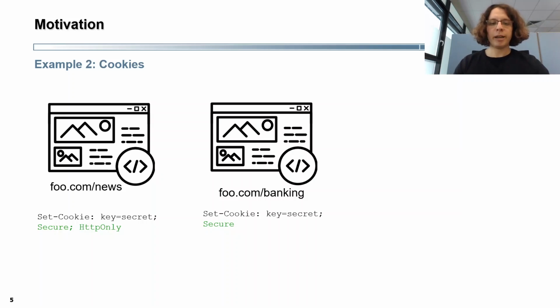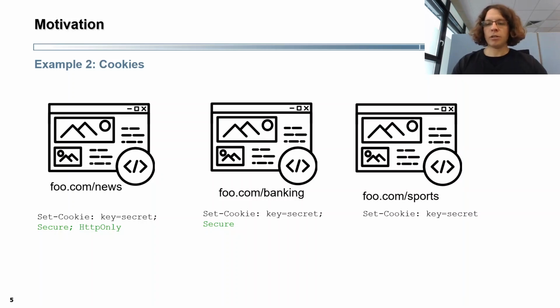However, on the banking page, for whatever reason, the same cookie is set, again key with the value secret, but only the Secure flag is set. Maybe the developer needs to access this cookie on this very page to perform some task. Yet on /sports, no security flag is used at all, and the cookie key with the value secret is stored in the cookie jar.